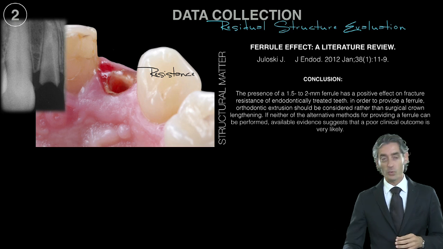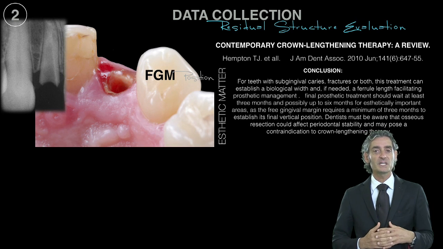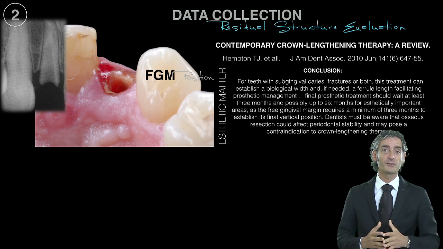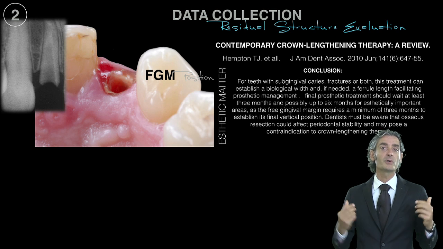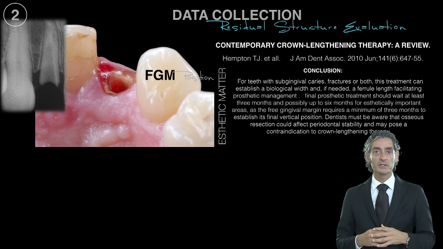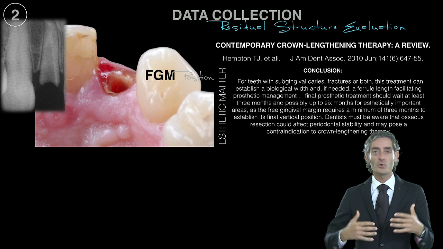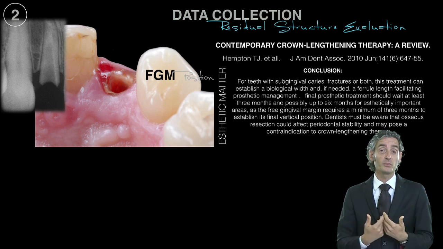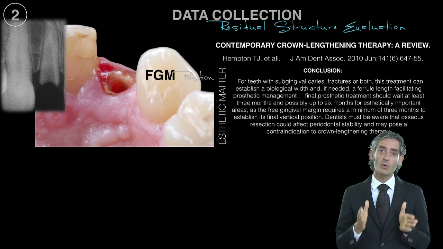And much more when we always look at the aesthetic zone in a situation like this. If we decide to go for a crown lengthening, for example, remember that we have to evaluate aesthetics. If we are in the posterior area, probably we can use this kind of approach without really important evaluation of the aesthetics. But if we are in the aesthetic area, so in the visible area, we have to consider this aspect also.